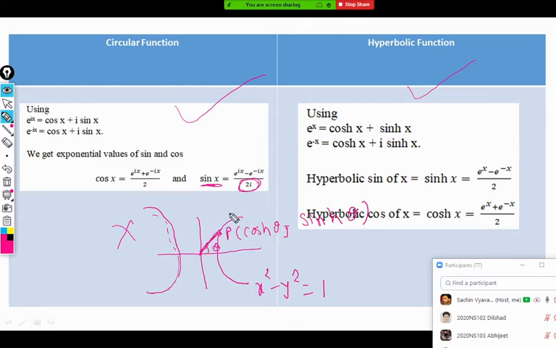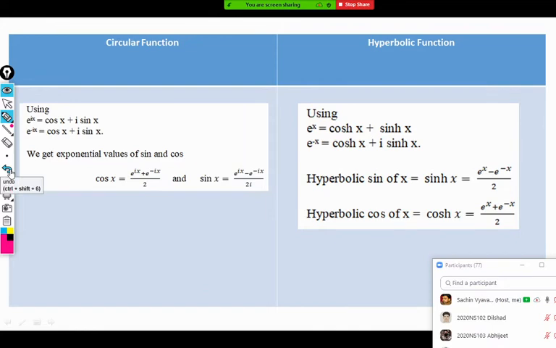Previously for circular functions I told the similar thing: if you take any point, for this theta the coordinates will be cos theta, comma, sin theta on the circle, but on the hyperbola the coordinates will be cos hyperbolic theta, comma, sin hyperbolic theta. So that is about the coordinates there. No need of the diagram, nothing you have to remember.